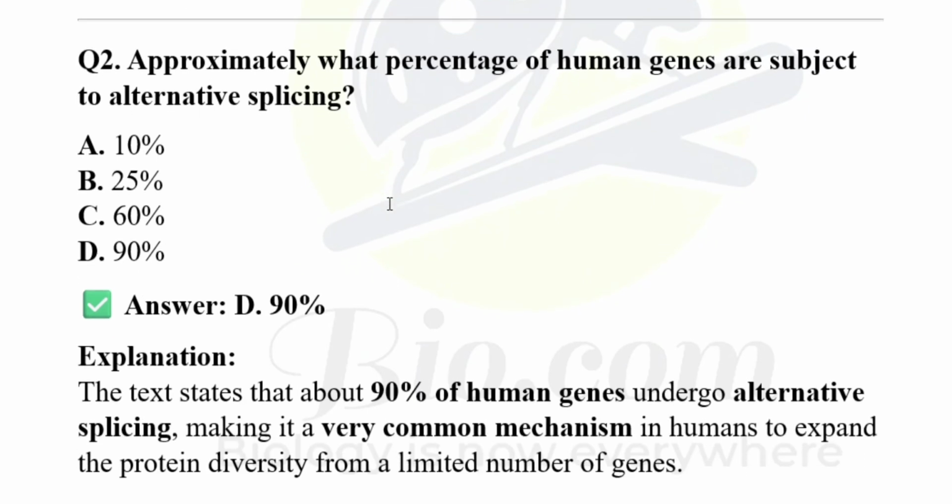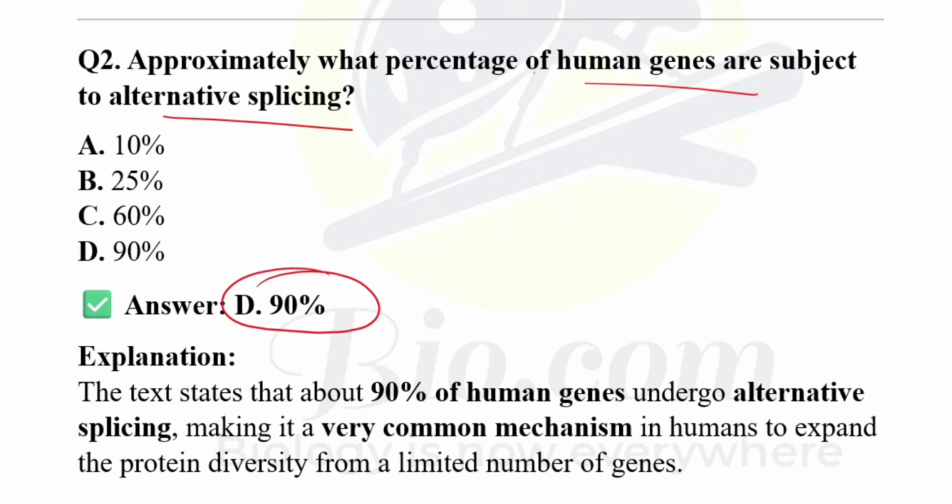Now next one is, approximately what percentage of human genes are subjected to alternative splicing? The number is very high. About 90% of genes in humans are subject to alternative splicing, according to the text in Cooper. It is a very common mechanism in humans to expand protein diversity from a limited number of genes.